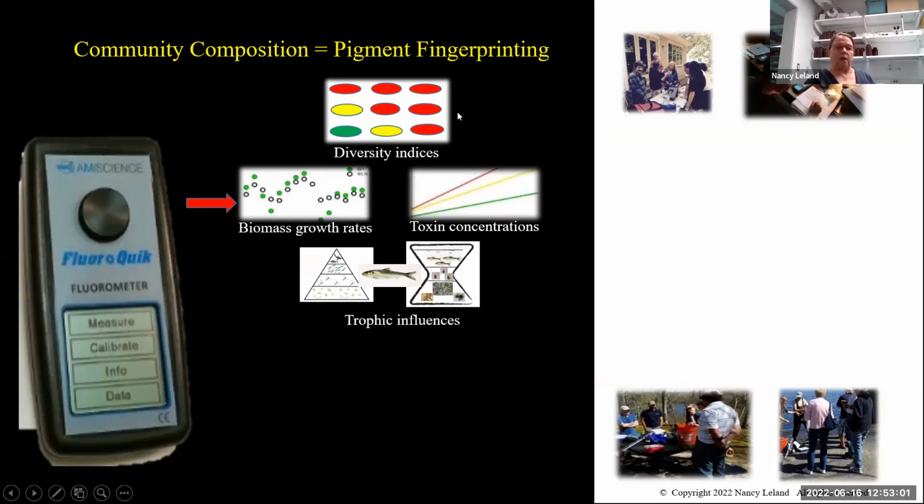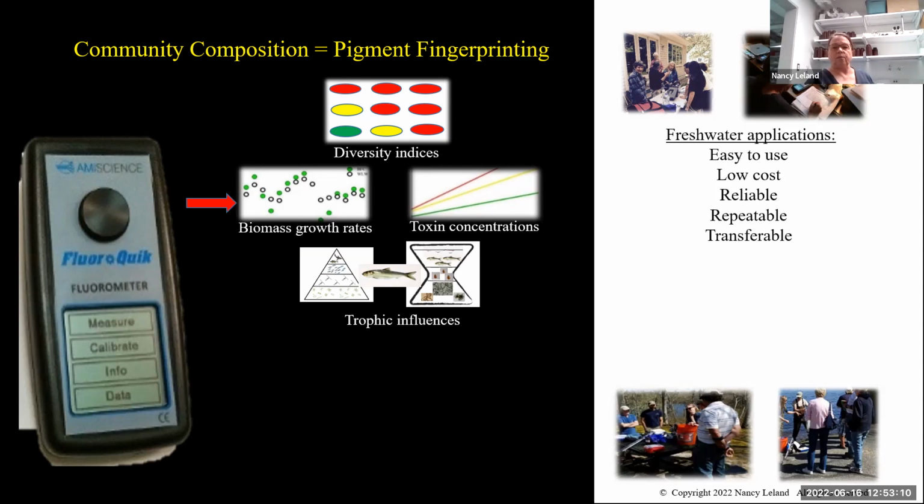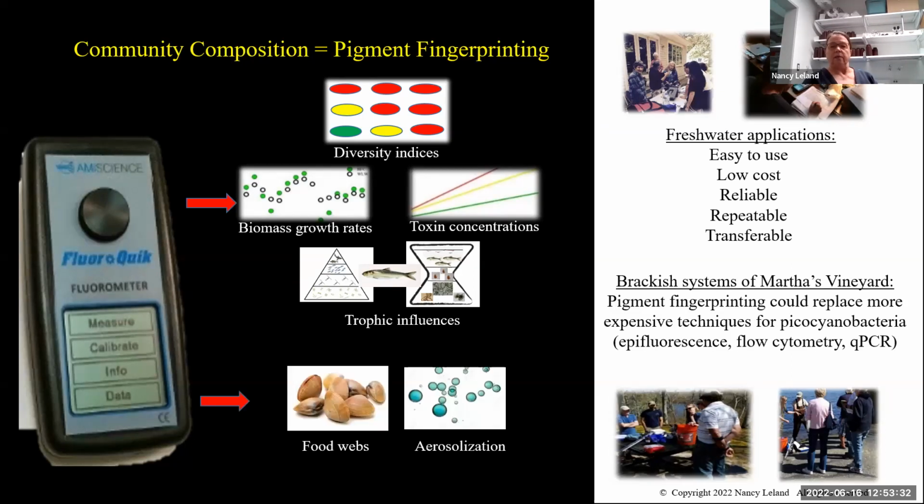We're able to look at the biomass growth rates, toxin concentrations, and trophic influences just by using this fingerprinting approach. And we've used this in freshwater applications for the past, it's been 8 years now. It's very easy to use, it's low cost, it's reliable, repeatable, and also transferable. So that's one of the things we really love about this concept of the pigment fingerprinting.